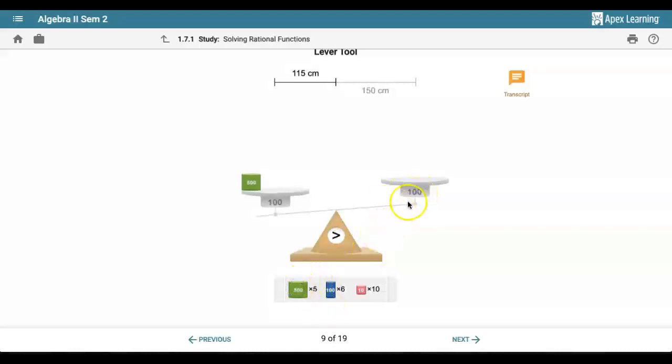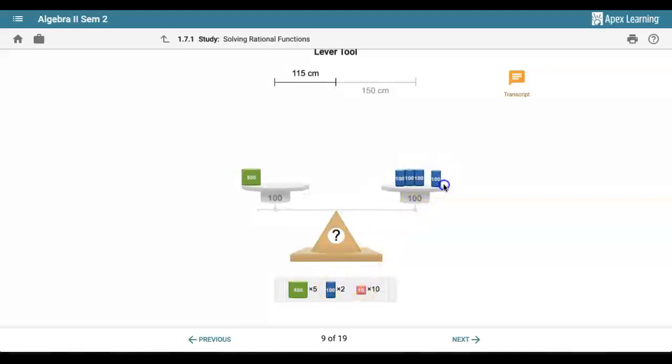Obviously if I'm at 115 and 115, I need an equal amount of weight. If I move this farther out to 150, now this is actually too heavy. So I can get rid of this, and let's say maybe add 400 and see what happens.